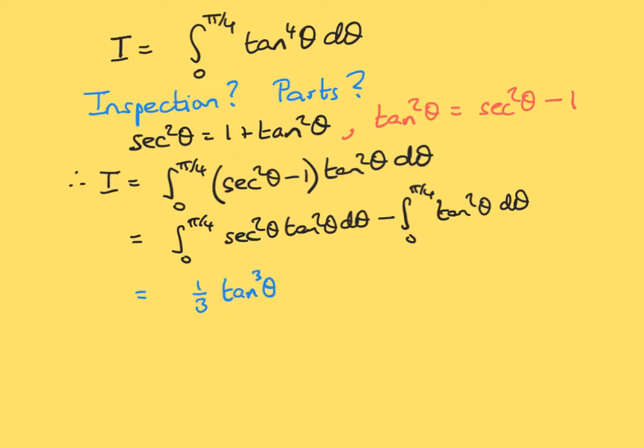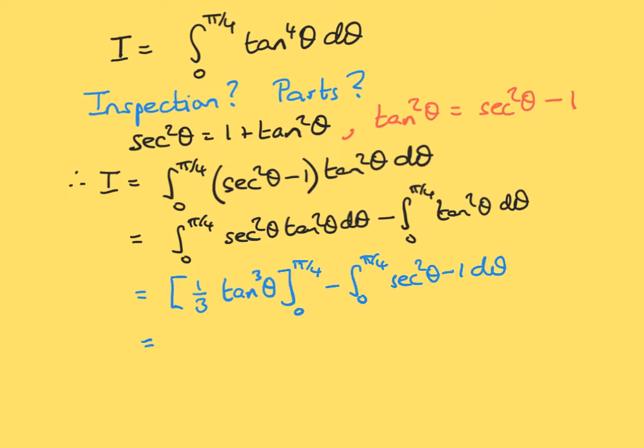And then from the chain rule, we multiply by the derivative of the function that was raised to the power, and that was tangent, and the derivative of tangent is sec squared. So if you differentiate that, you get that. This is therefore the integral of that. And this is between 0 and pi over 4, minus the integral from 0 to pi over 4 of sec squared theta minus 1 integrated with respect to theta.